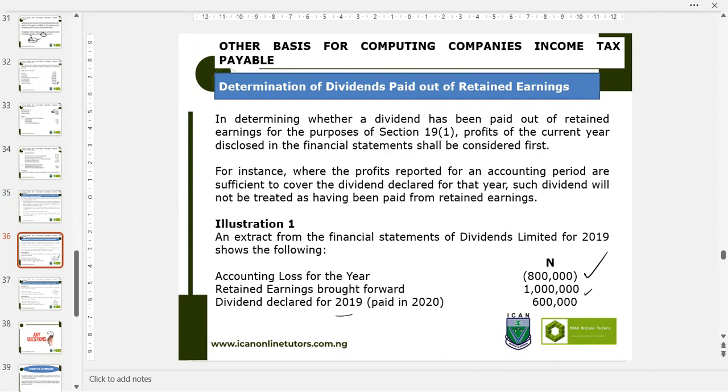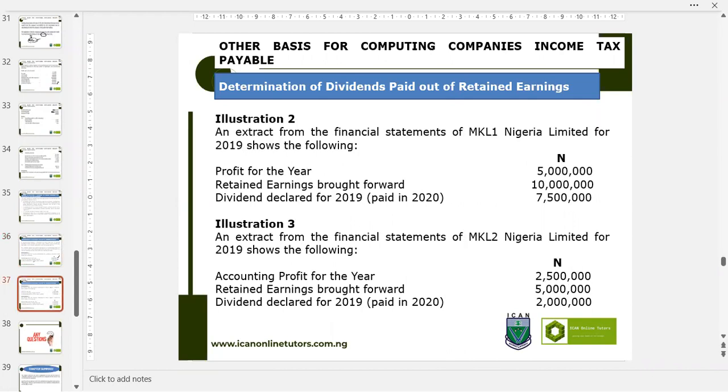So it is not the dividend for the year. So such will not be subject to the application of Section 19, subsection 1. So it is exempted. I hope you are following. Is it understood? Yes, sir.